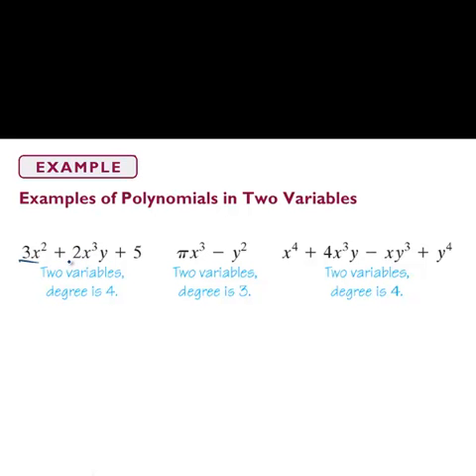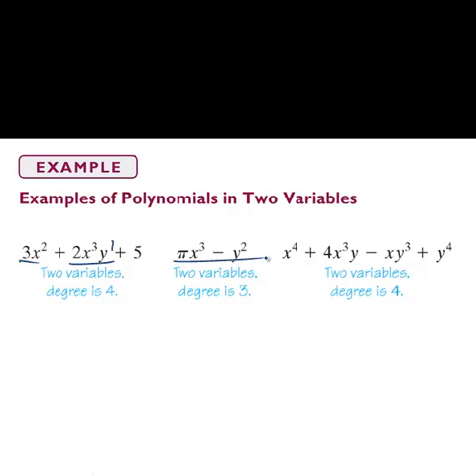This second term is actually a degree 4 term, because you've got a first degree for the y together with a third degree part for the x's. So you just basically add the exponents. 3 plus 1 is 4. That's what makes that a fourth degree term. So this is a fourth degree polynomial.